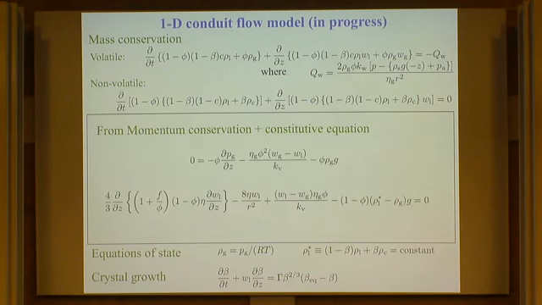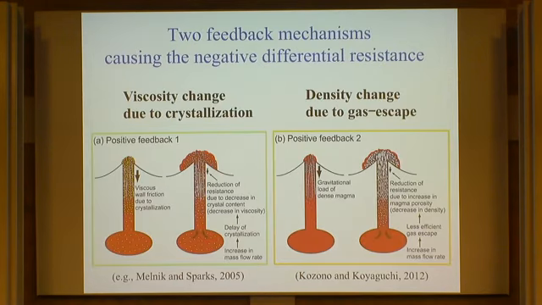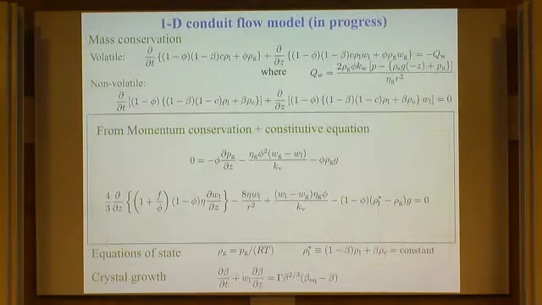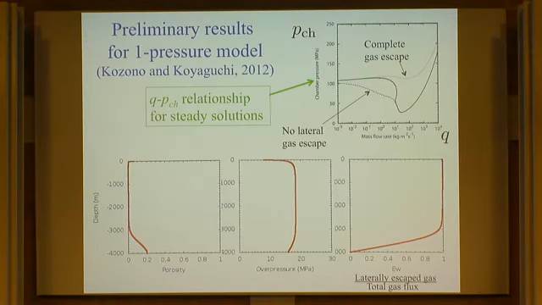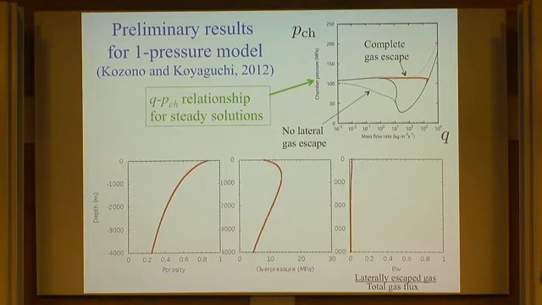Before solving this one, I say this is preliminary because at first I thought there must be a porosity wave coming from top to down, because we observed a Vulcanian type eruption, and the fragmentation surface propagated downwards.